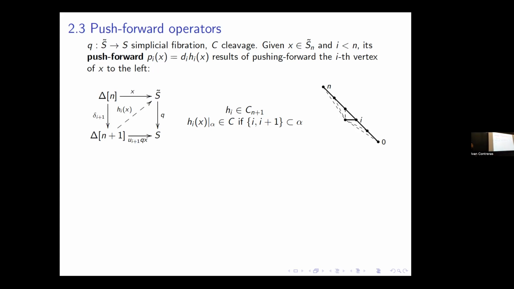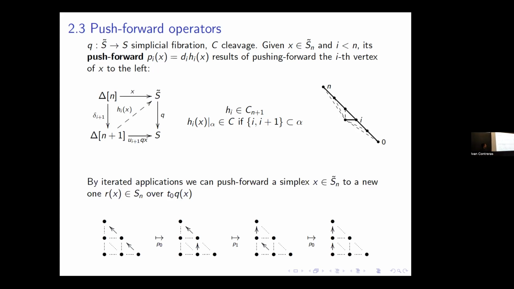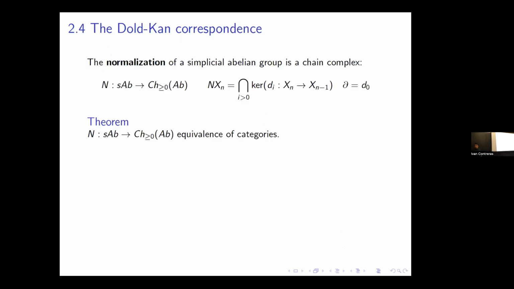These elementary push forwards allow me to take any simplex and push it forward to the last fiber. And I have to do it in a precise order and carefully, but I first push forward this object, now this one, and so on. So this is one of the things that we are going to use, the push forwards.